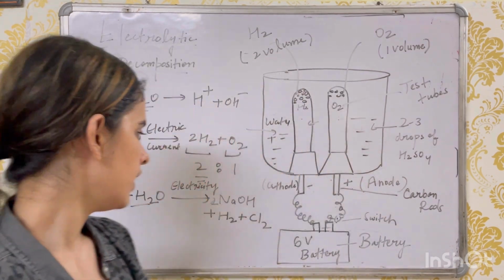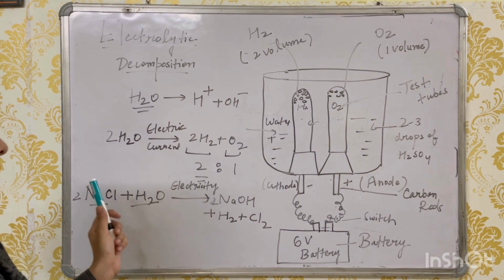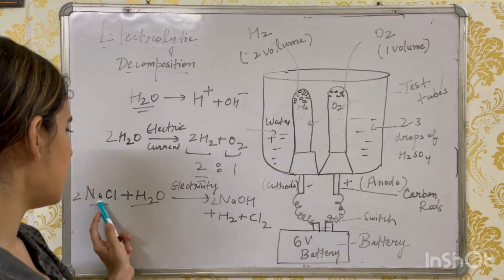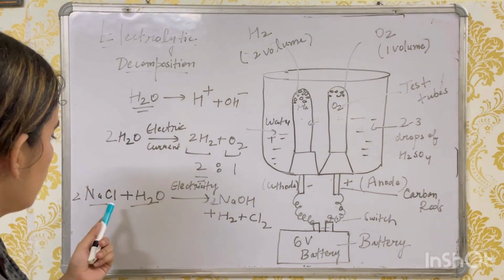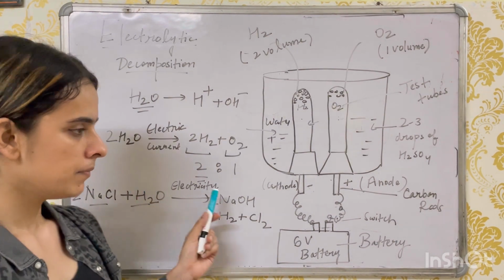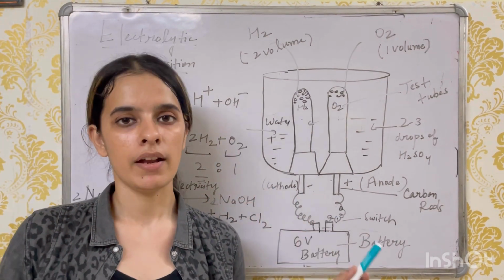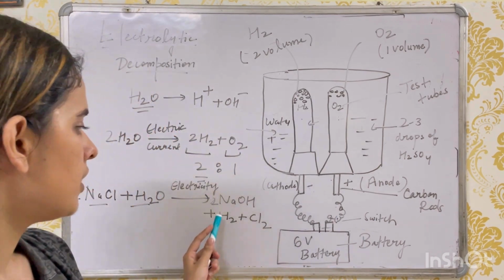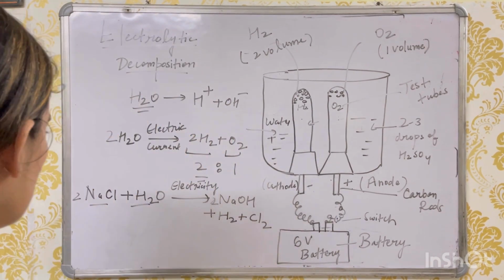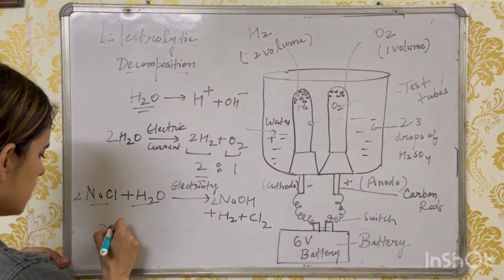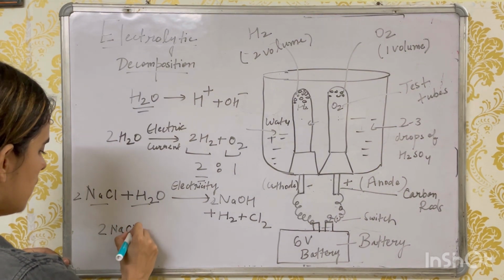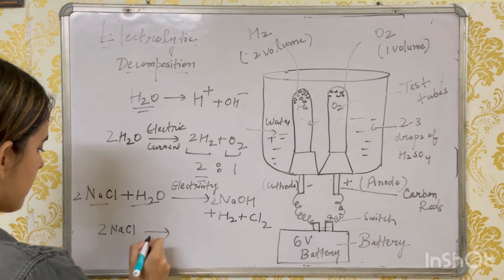Basically here also you can see that in this reaction NaCl will act as an electrolyte. When you mix it with water, it will decompose into NaOH, which is an alkali, sodium hydroxide base, along with hydrogen and chlorine. You can also heat it alone.